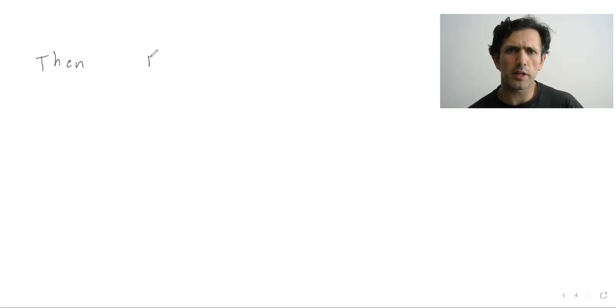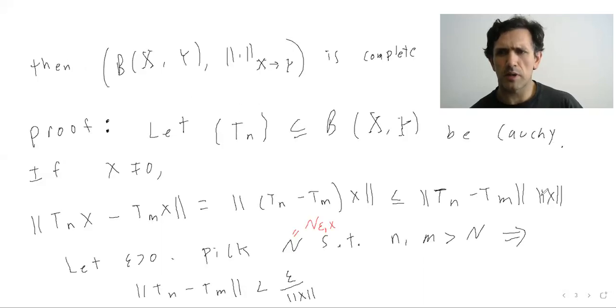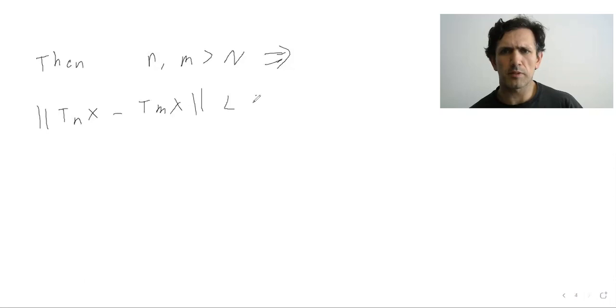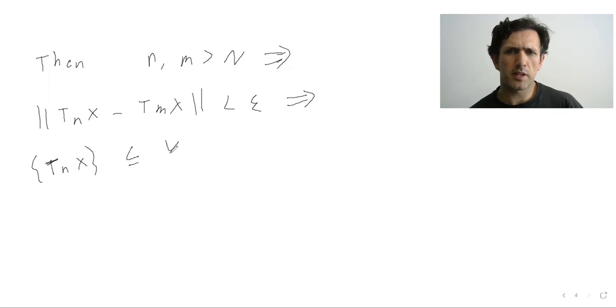So the punchline here is n, m bigger than N implies the norm of Tn x minus Tm x is less than epsilon over the norm of x times the norm of x, which is epsilon. This is true for any epsilon. So that means that this is Cauchy as a sequence of stuff in Y.